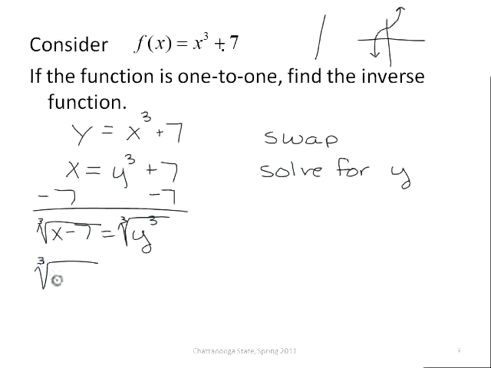So this will give me the third root of x minus 7 as my inverse function. So I write it using inverse notation. F to the negative first power, the inverse function of f, is the cube root of x minus 7.